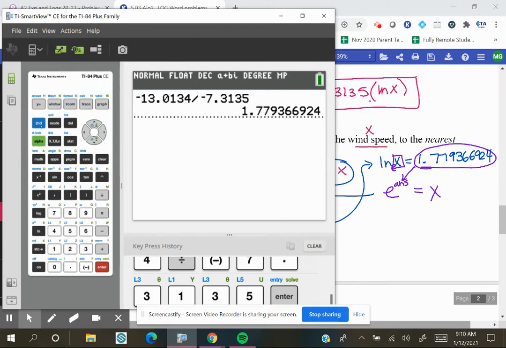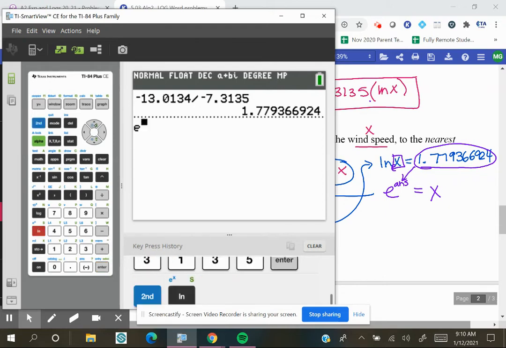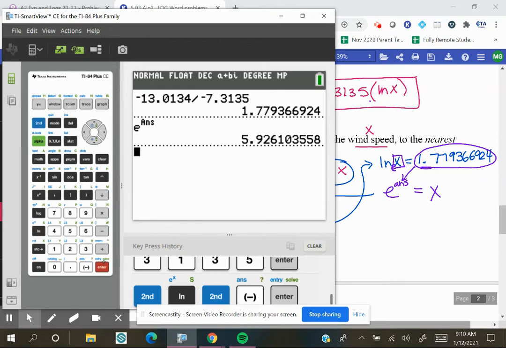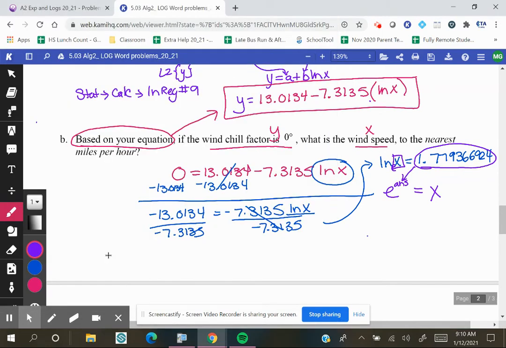And now I'm going to do second E, and I can scroll up and grab it, or I can hit second negative, which is the last answer you had, and write out your full decimal, and then round it to the nearest miles per hour. So that would round to 6 miles per hour for your final answer.